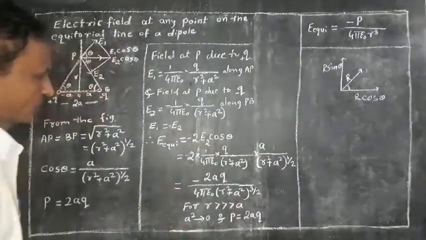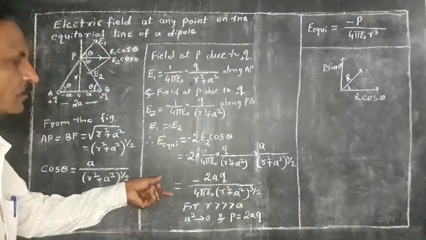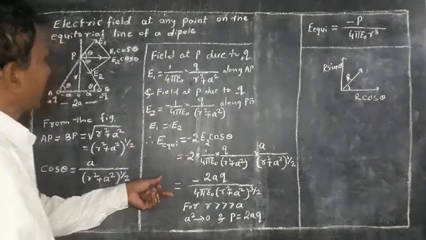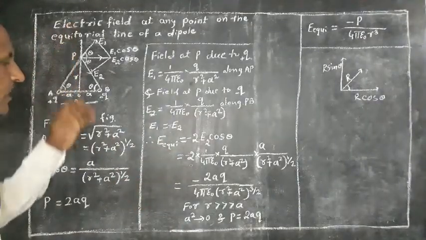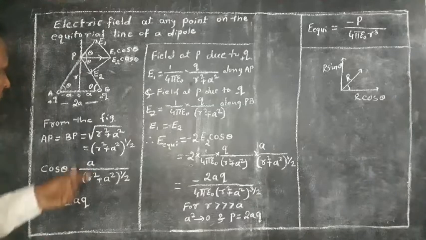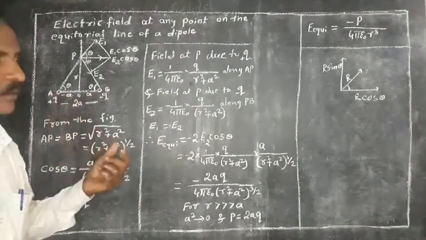Again, this is the expression for electric field at a point on the bisector of a dipole. But the dipole length is very small.